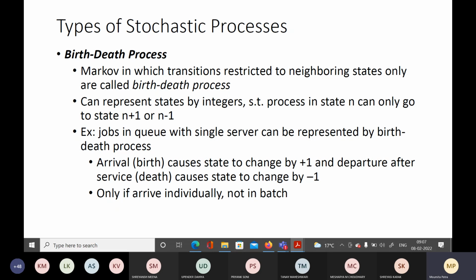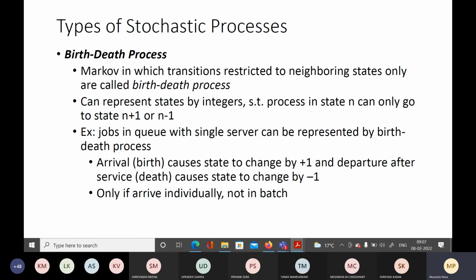In yesterday's class we had seen that the transitions were restricted to either the next state, or a transition from the current state to the previous state. Either there is no arrival or no departure, so the transition happens in the same state only. That is the probability of staying in that same state. That also we have seen.